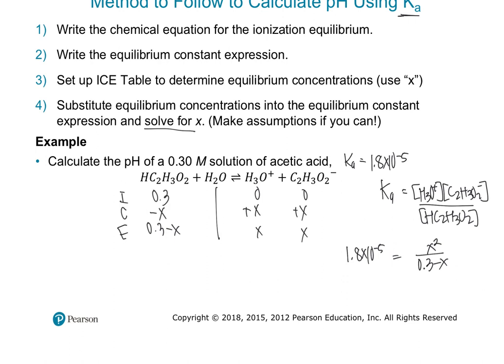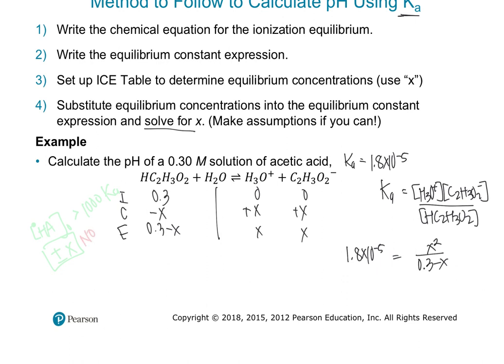So a general rule of thumb is if your initial concentration of your acid is greater than 1,000 times the Ka, and this is an ish, 1,000-ish, 800 sure, over 1,000 definitely, then you can make the approximation. So you can get rid of any plus or minus X's. Get rid of them, so you don't have to do them.